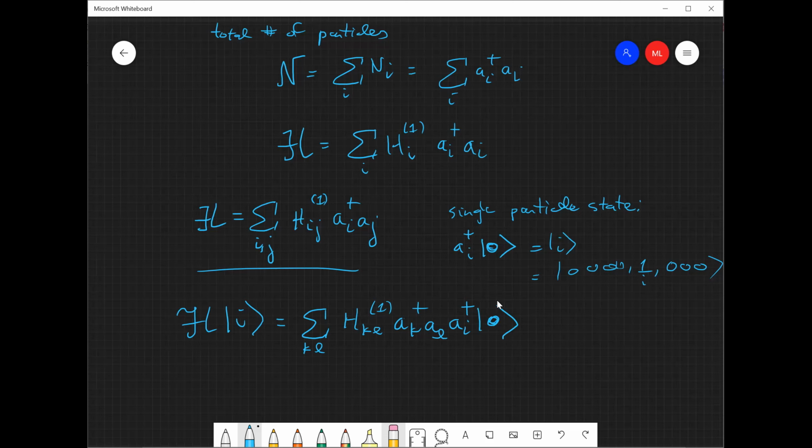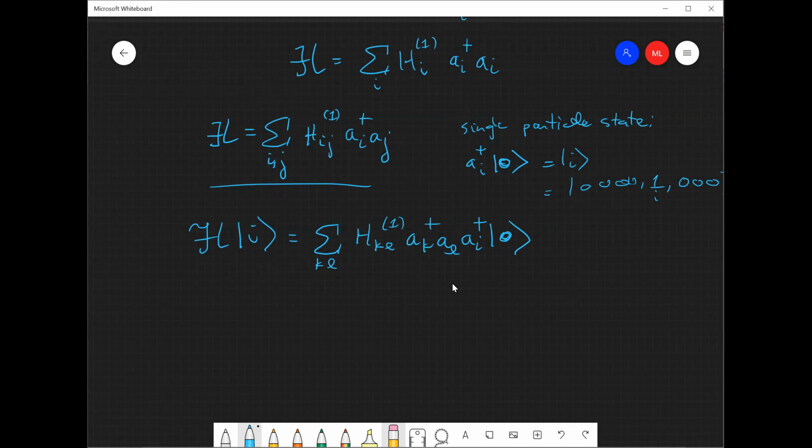Now, if we look at this, the only place where this a_L will actually give us something non-zero is when it acts on state I, because we pop in a particle in state I and then we remove a particle in state L. So this is going to vanish unless L is equal to I. And we know that that's the identity.